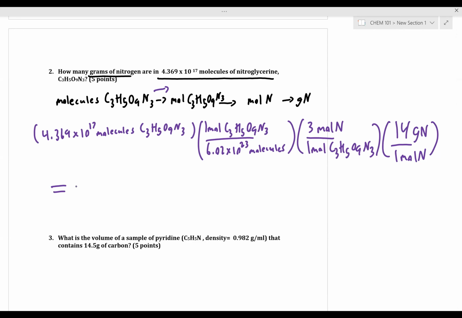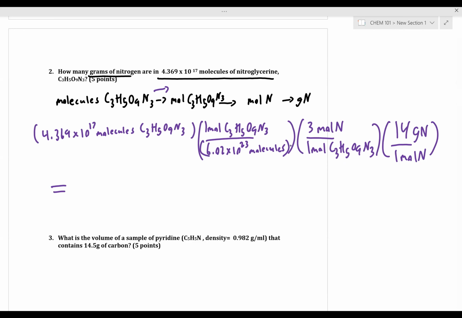Okay. We're going 4.369 EE17 divided by parentheses 6.02 EE23rd. Remember, Avogadro's number needs to be entered in parentheses in your calculator or you'll get the wrong answer.